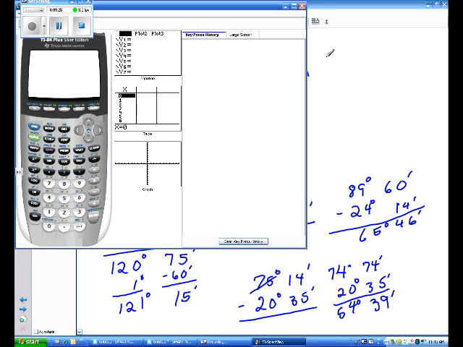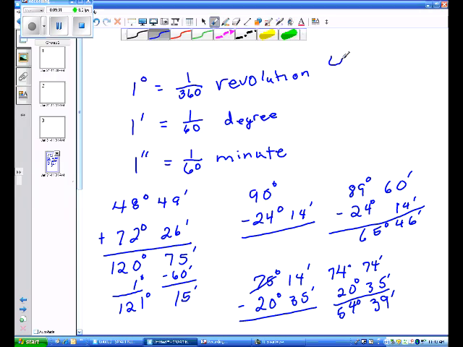What we had was 48 degrees, 49 minutes, plus 72 degrees, 26 minutes.